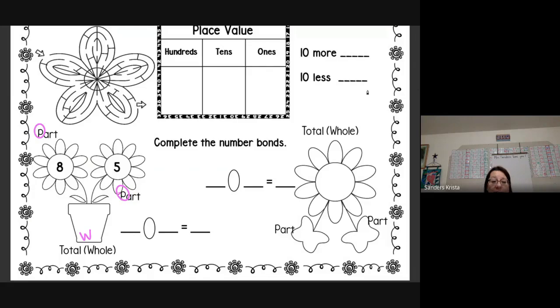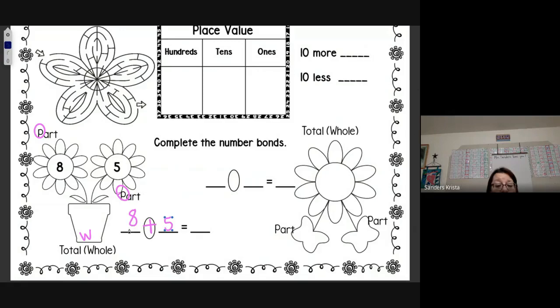So we have 8, and we're going to add 5 more. So if those two are my parts, I'm going to put them right here, 8, and I'm going to put a plus because I know I add my parts. 5 equals blank, and I need to put them together.